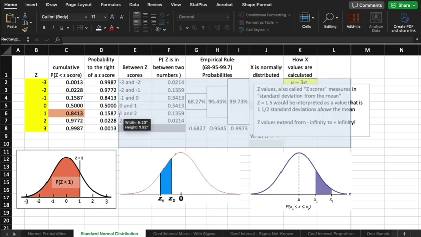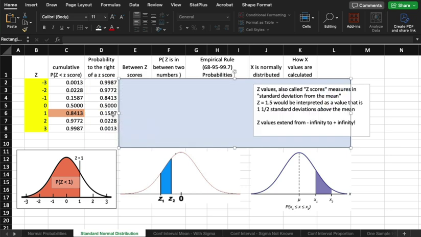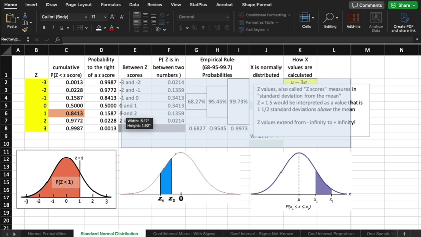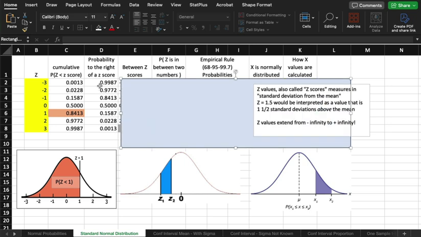So since we're in the process of calculating probabilities, let's also calculate the probability to the right of a z-score. So that would be the white area that you see down here. In fact, let's go to insert.